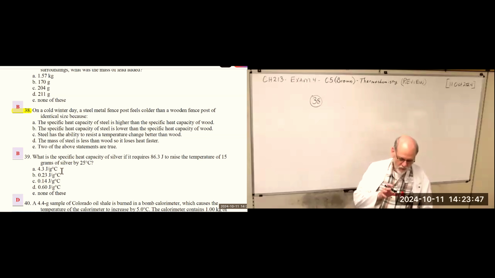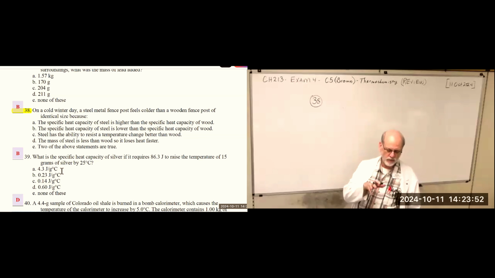Okay, so why does the steel fence post feel colder than the wooden fence post?